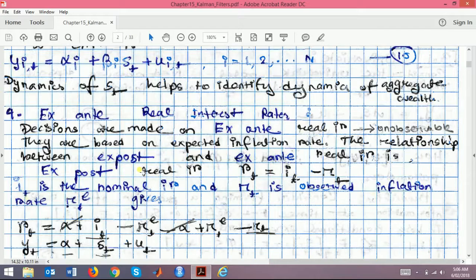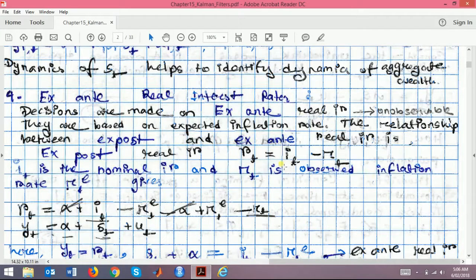The relationship between ex post and ex ante real interest rate is that the ex post real interest rate is the nominal interest rate minus the inflation rate. i_t is the nominal interest rate and pi_t is the observed inflation rate.